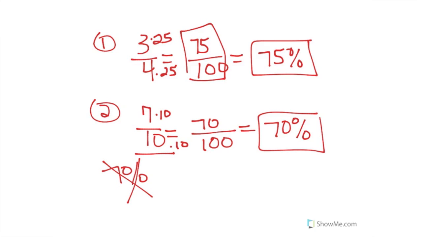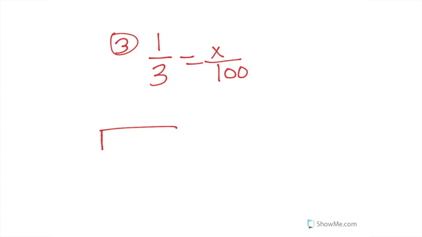Now the one I'm concerned about, just to make sure that you know how to do it, is number 3. So number 3 was 1/3. Okay, a percent's out of 100. Now this one was a little tough for me to understand. 3 times what number is 100? I don't know. So what I'm going to do is turn it into a decimal. Okay, numerator starts with an N, it goes on the inside.